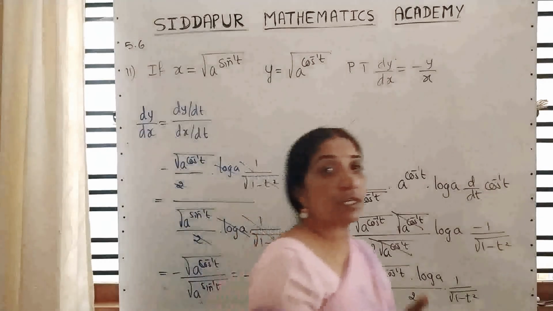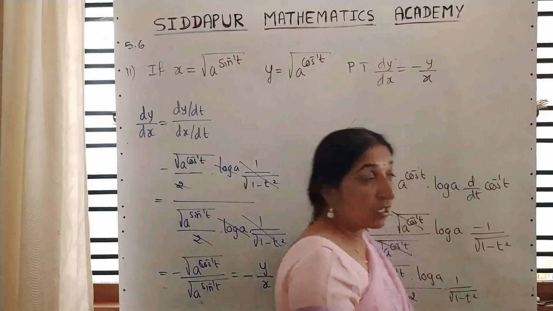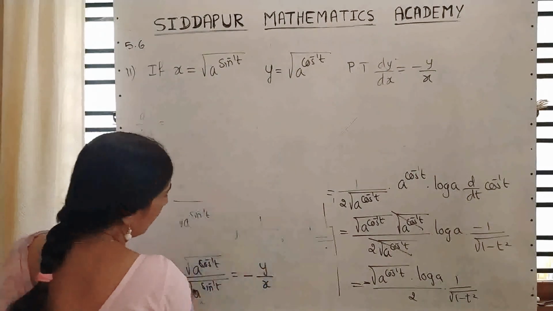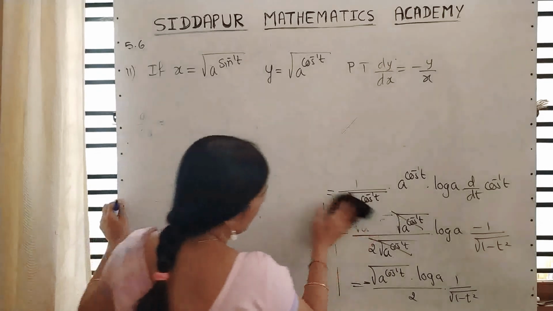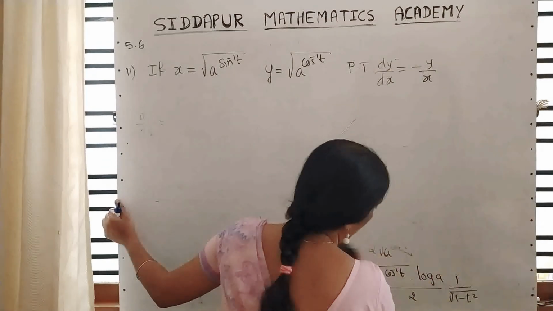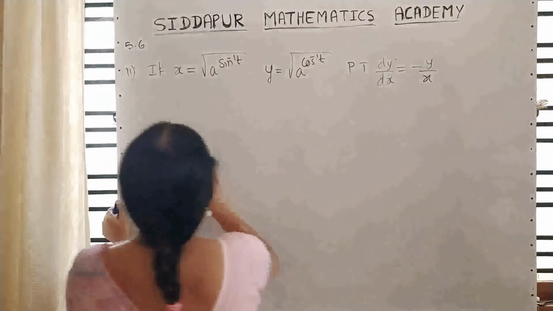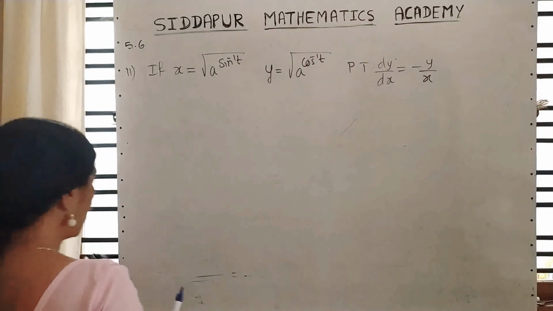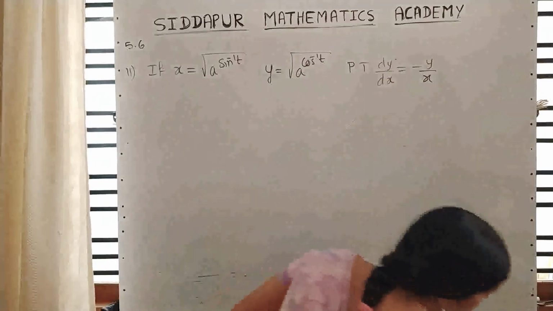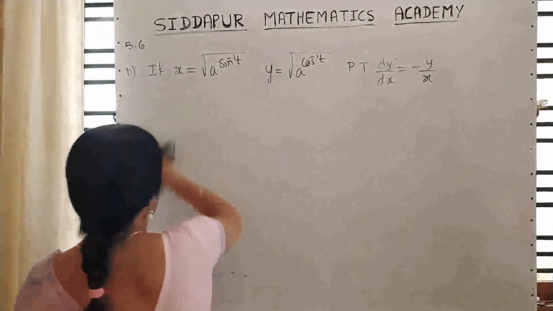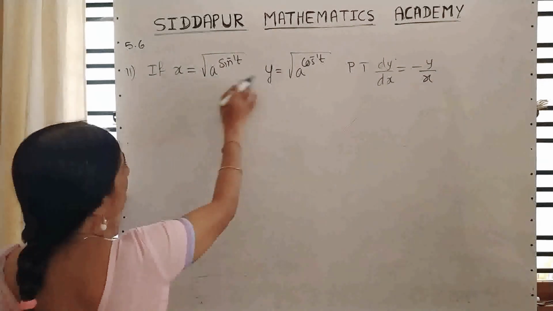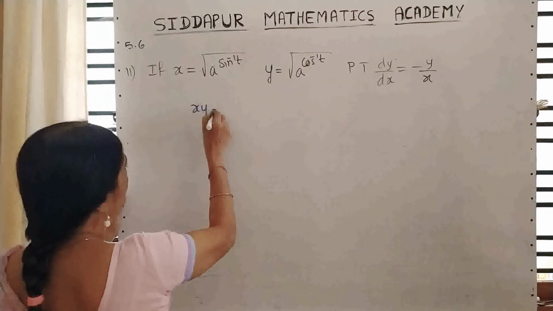In the question, if it is mentioned without eliminating the parameter, at that time we have to apply this method. Suppose they are not mentioned, and the question is, if x is equal to this and y is equal to that, prove that, without mention of eliminating the parameter. If they are not mentioned, I will show you one more important method. Here I am multiplying x and y.